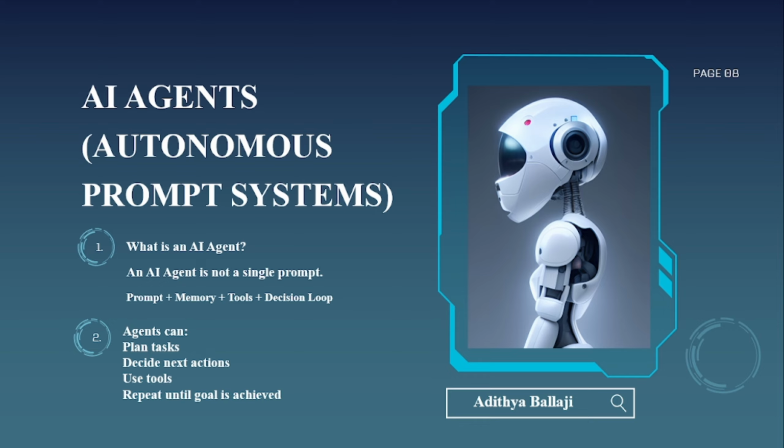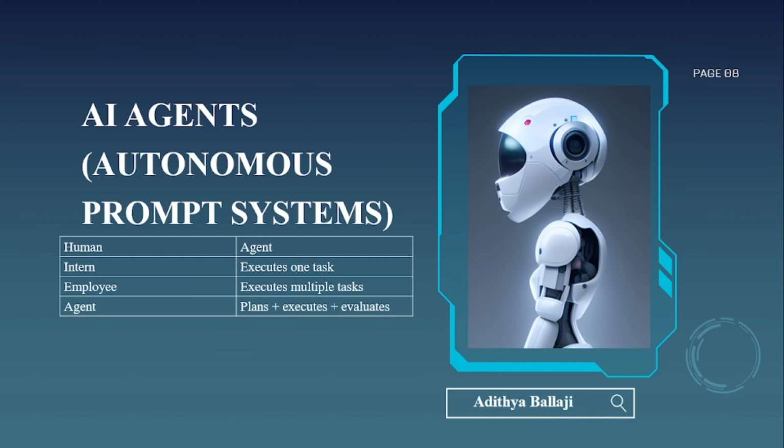So basically, agents can plan your task, decide the next action, use different tools, and repeat until the goal is achieved. So it works in a loop.